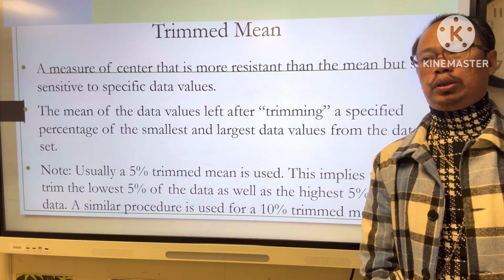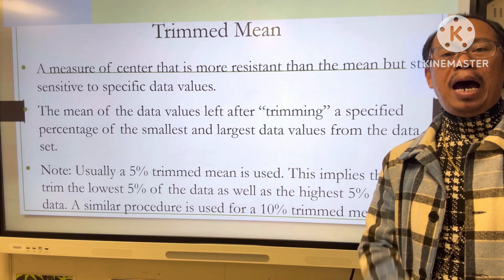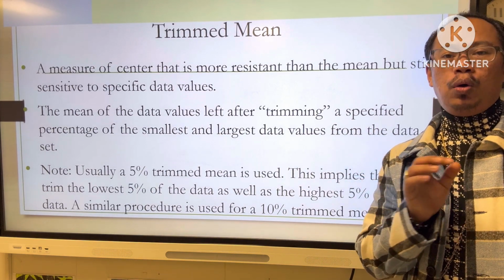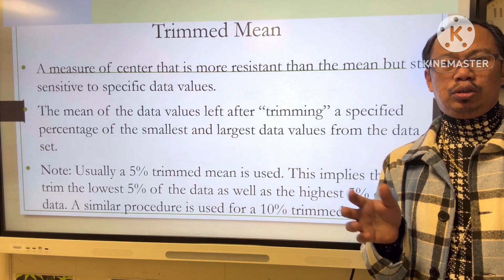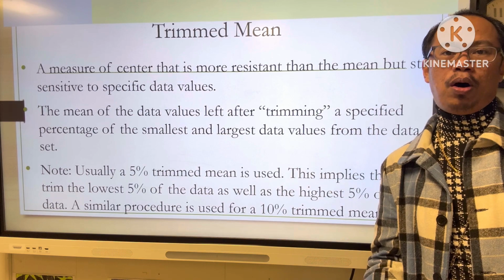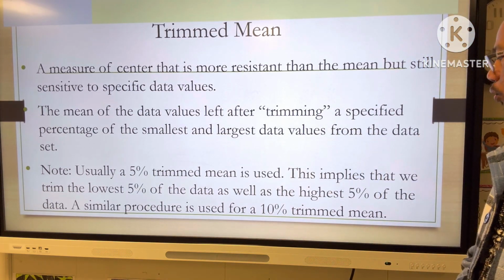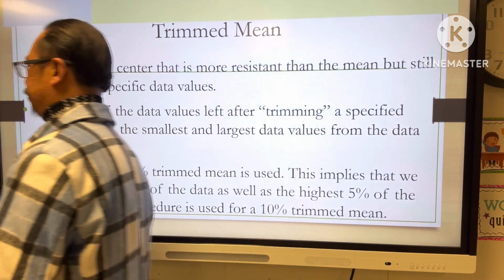In statistics, we usually trim 5%, meaning we remove 5% to the left and to the right, or from the upper and from the bottom. To understand this clearly, let's have an example.